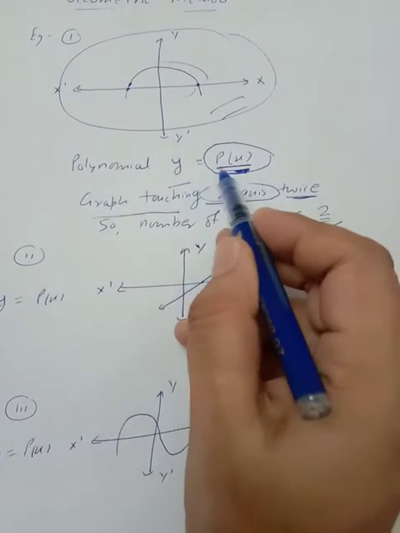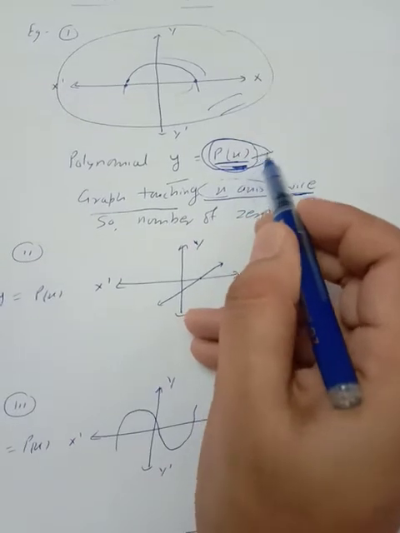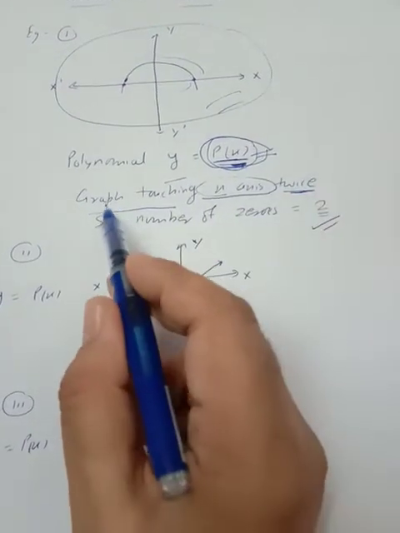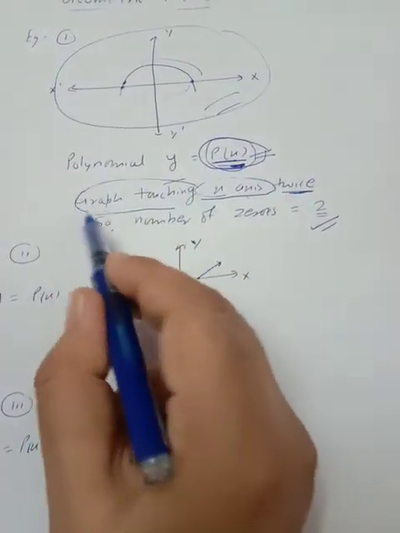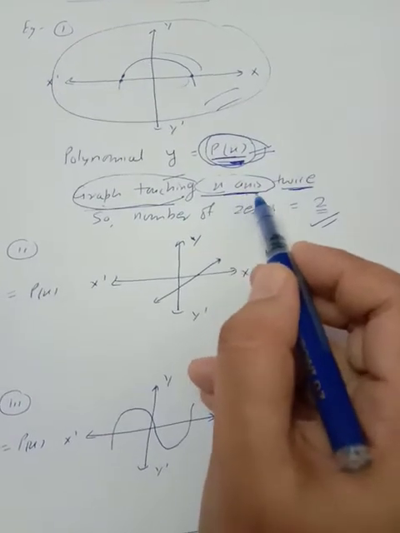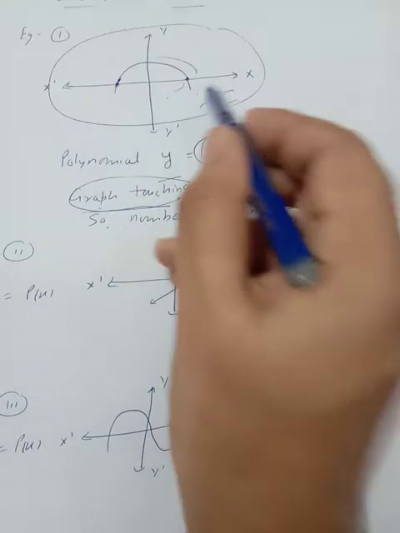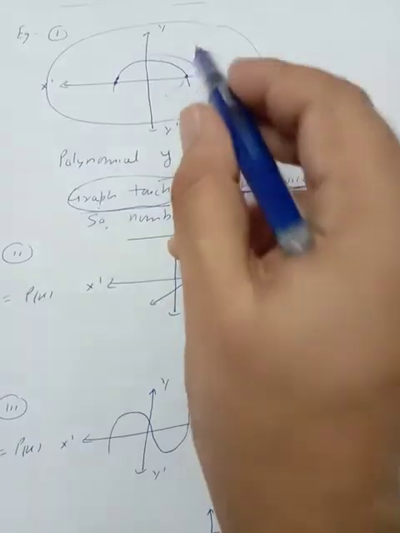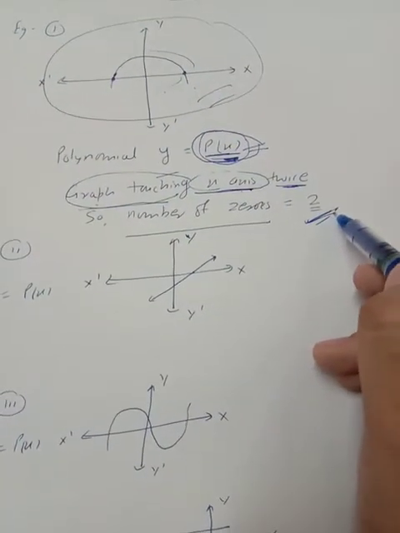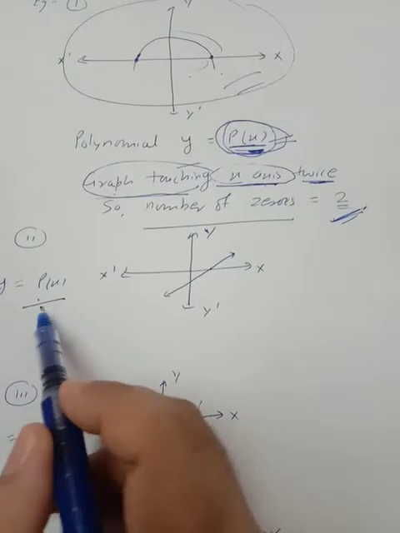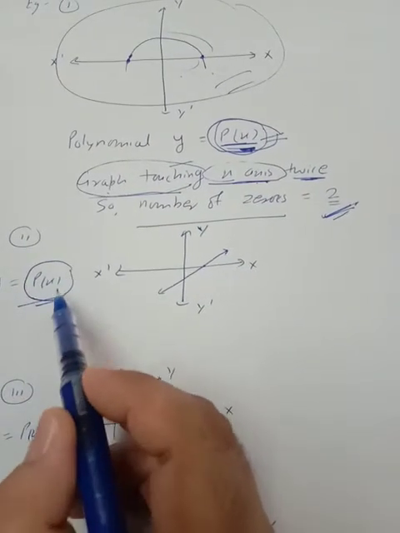Suppose the polynomial is in the form of p(x). In this case we have to check how many times the graph is touching the x-axis. For this case the graph is touching the x-axis twice. So it means for this graph we have 2 zeros. For the second example, it is also in the form of p(x).